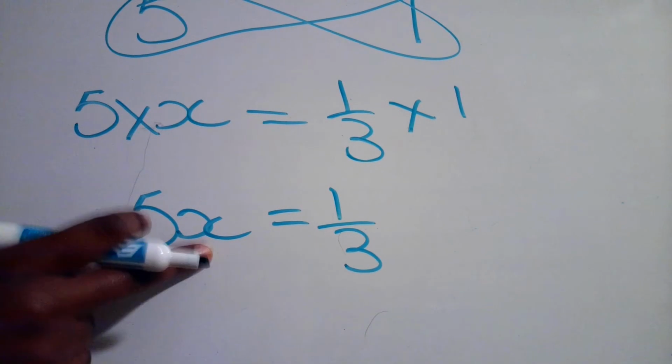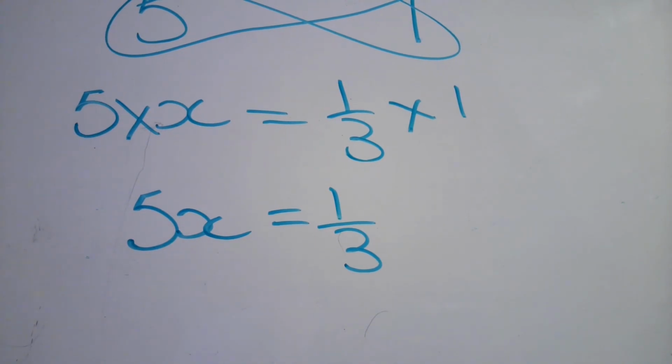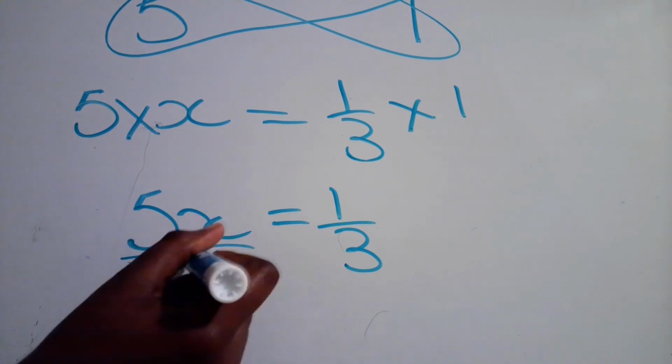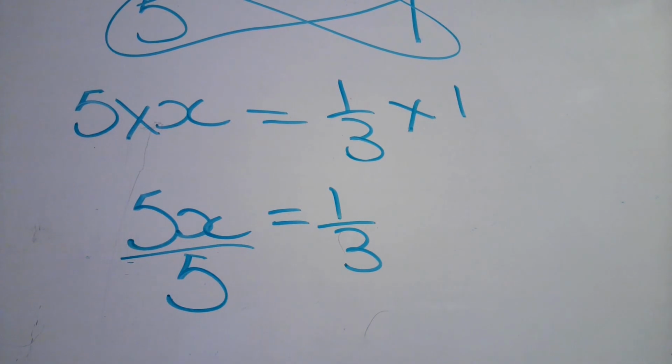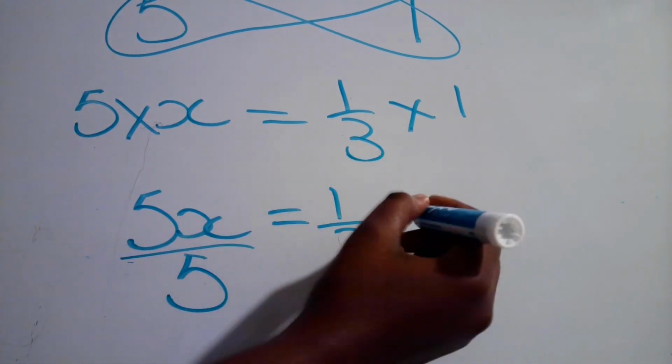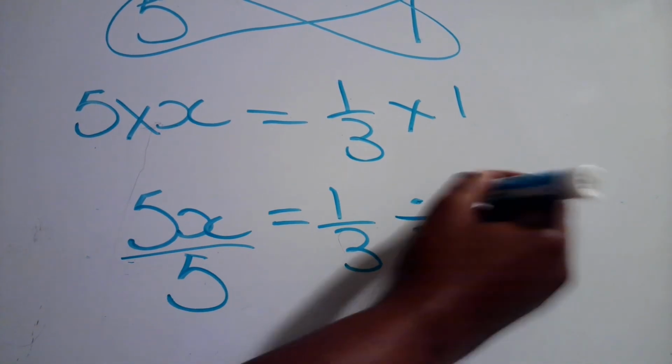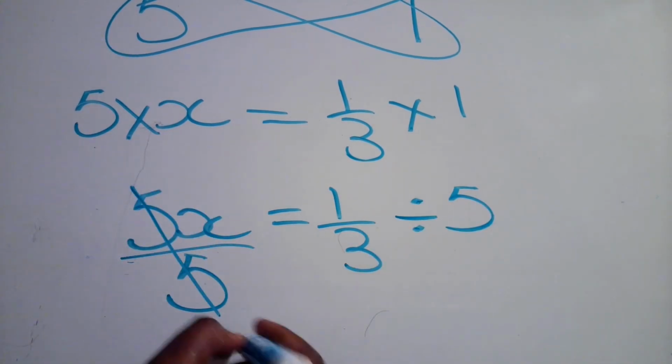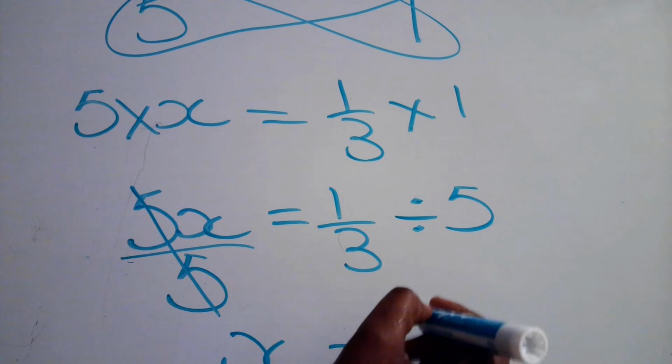We want to know what 1 x would equal, so to get this coefficient to be 1, we have to divide by 5. We divide this side by 5, we also have to divide the other side by 5. 5 would cancel 5 there. x is equal to 1/3 divided by 5.